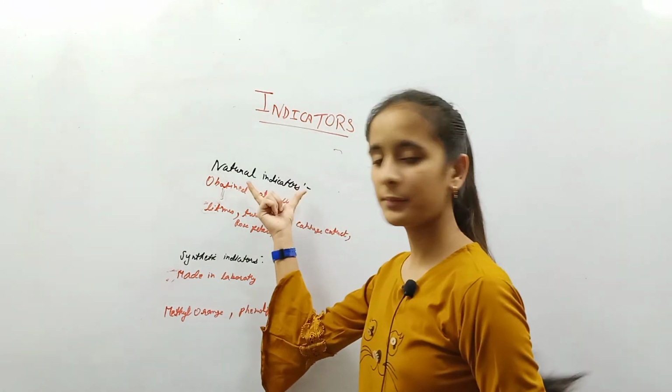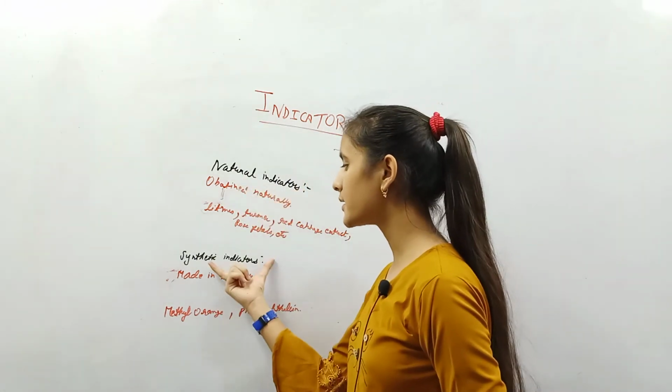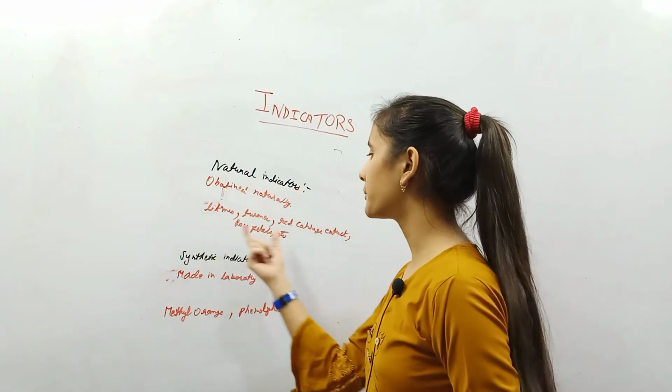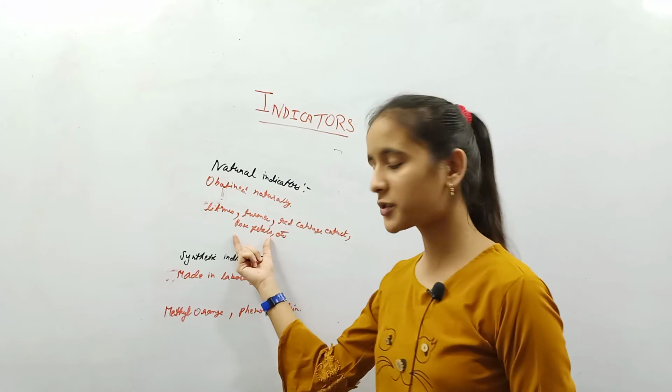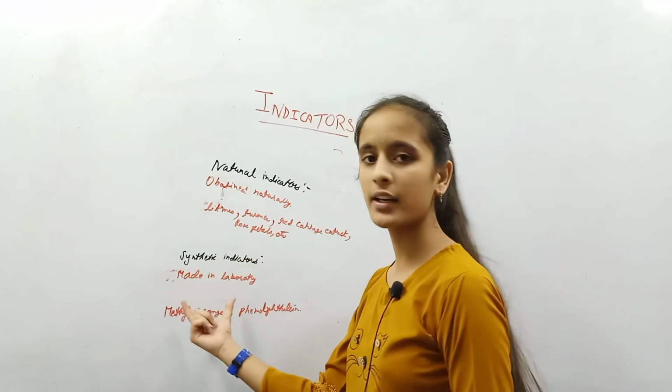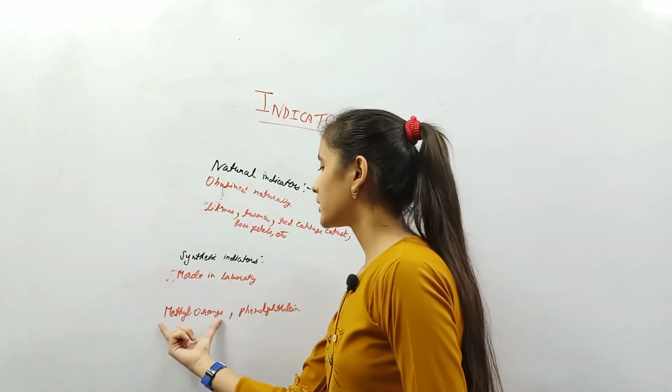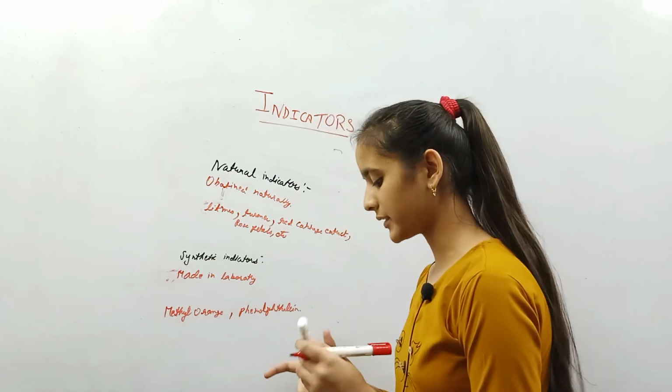We have completed natural and synthetic indicators. Natural indicators are obtained naturally, for example litmus, turmeric, red cabbage extract, rose petals. Synthetic indicators are made in a laboratory or by chemicals, for example methyl orange and phenolphthalein.